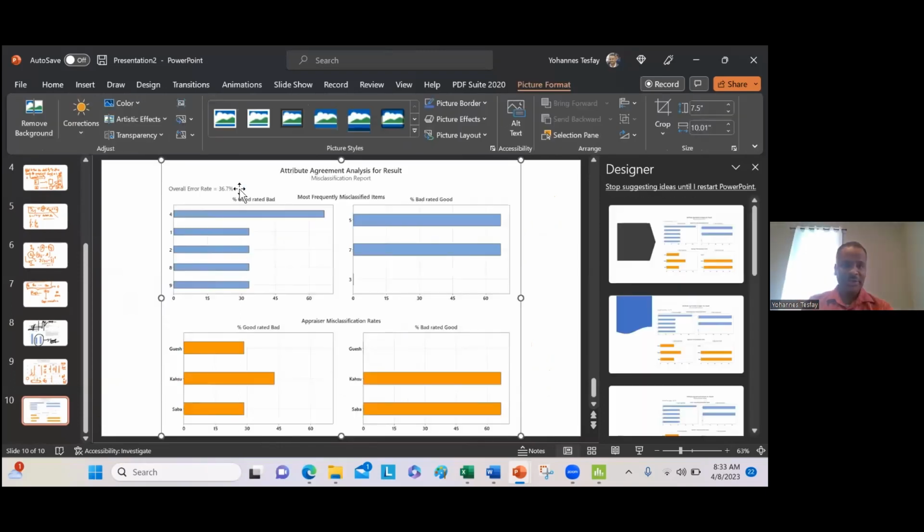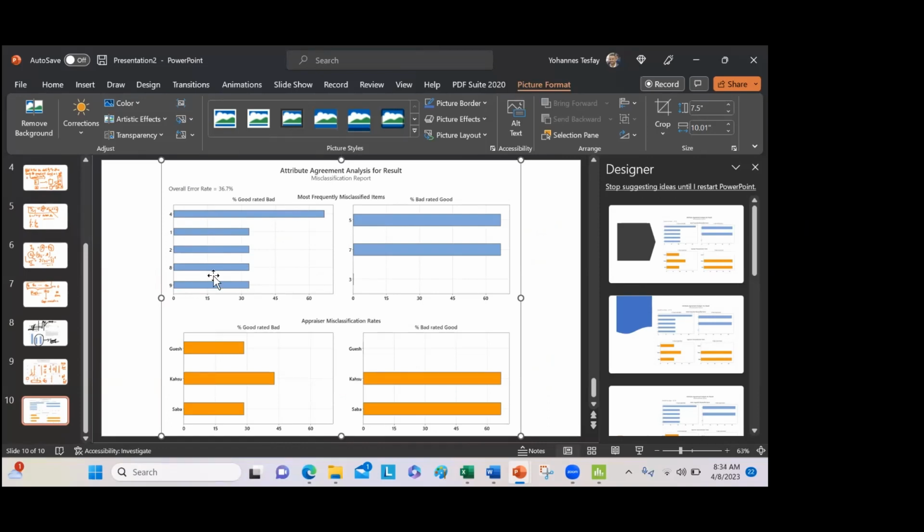So now the percentage of good rated. These are the parts, you see. Part 4, 1, 2, 8, 9. Good rated as bad. Is this false negative or false positive? False negative.